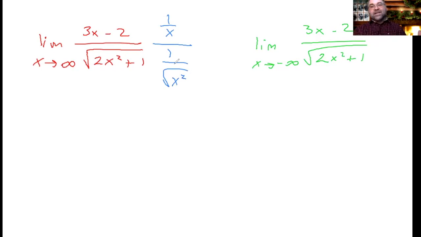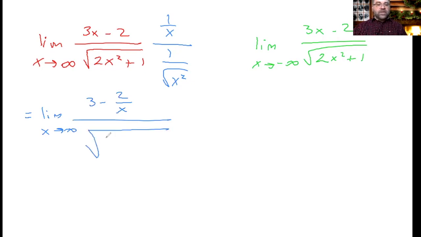But that way I can bring it into the square root, and that's really what I want to do. So if I do that, the limit as x approaches infinity, I get 3 minus 2 over x in the numerator. In the denominator, I bring the 1 over x squared into the radical. That cancels the x squared on the first term and gives me 1 over x squared on the next term.